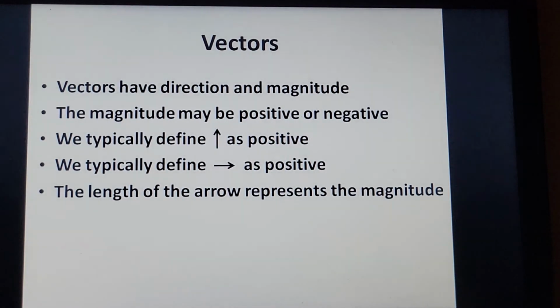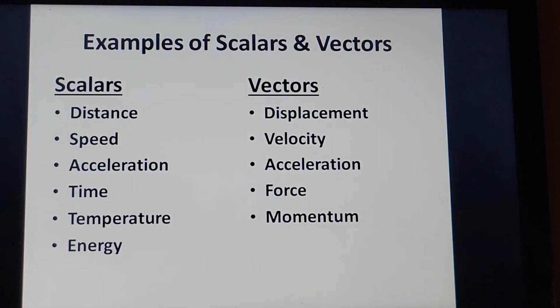Every vector can be shown as an arrow. The direction of the arrow represents the direction of the vector. The length of the arrow represents the magnitude of the vector. That doesn't come into play in these particular problems, but it will when you start doing some vector algebra in the future.